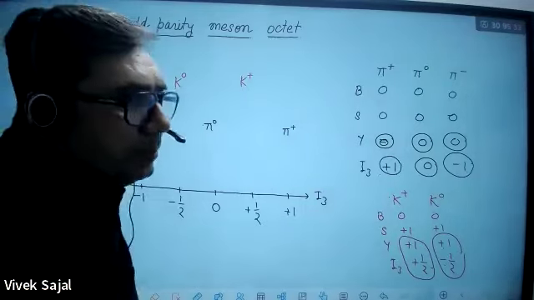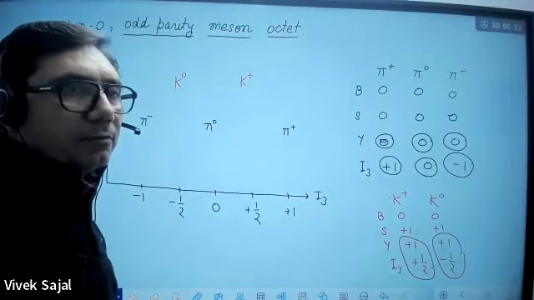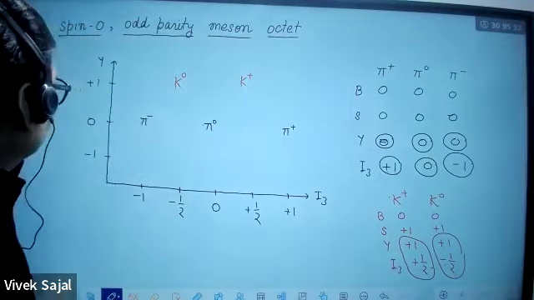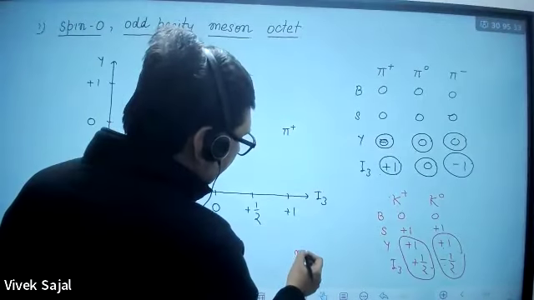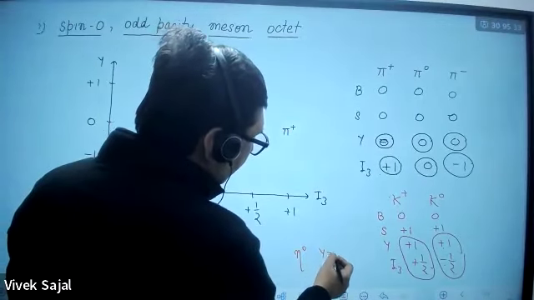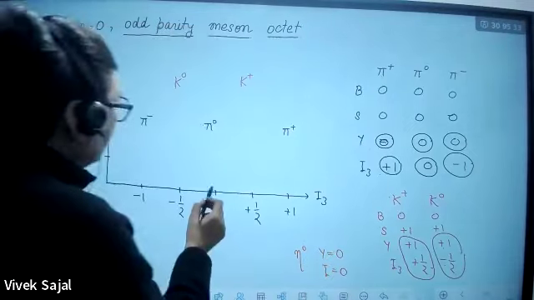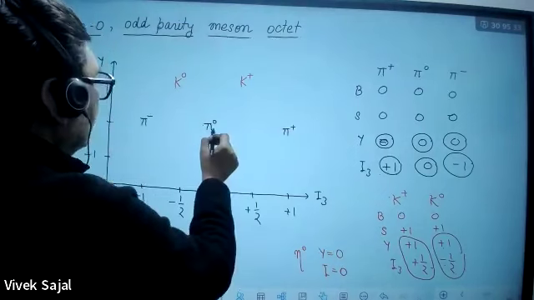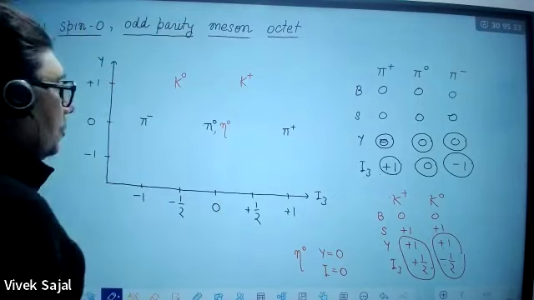For eta, B number is 0 and strangeness number is 0, ठीक है. So Y number is 0 and I3 is also 0, so eta naught is at 0, 0. Two particles will be at this position.